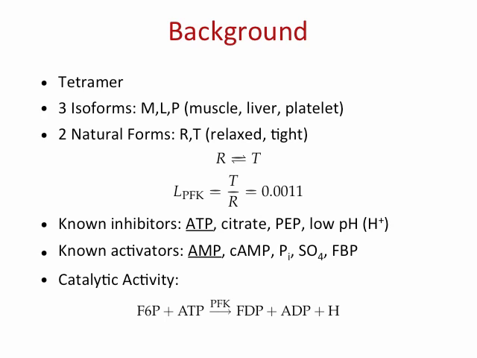So a little bit of background to give us some biological context here. As with many regulatory enzymes, PFK is a tetramer. It has 3 isoforms: muscle, liver, and platelet forms. What this means is that there are 3 versions of the gene on the genome of slightly different sequence and properties, and these genes are expressed differently in different tissues.